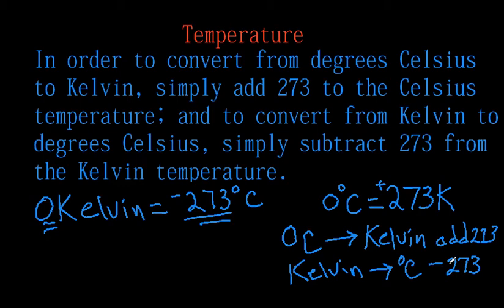Let's do one quick one. Let's take the boiling point of water. On the Celsius scale, the boiling point of water is 100 degrees Celsius. That means there's 100 units between the boiling point and the freezing point of the water. That's how Anders Celsius made his scale. He got water cold and froze it, called that 0.